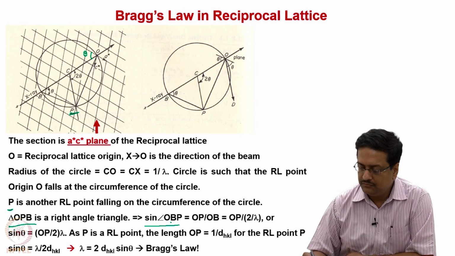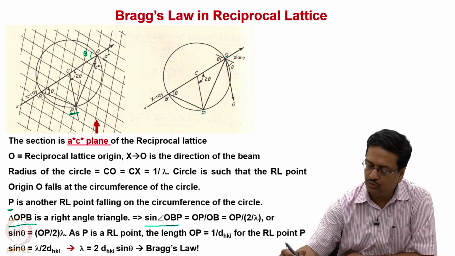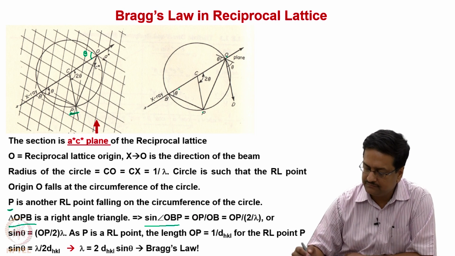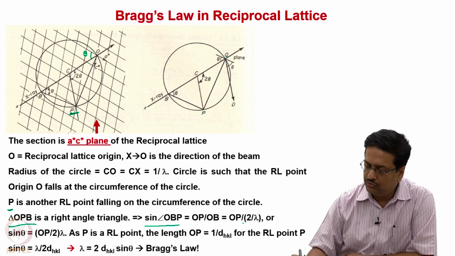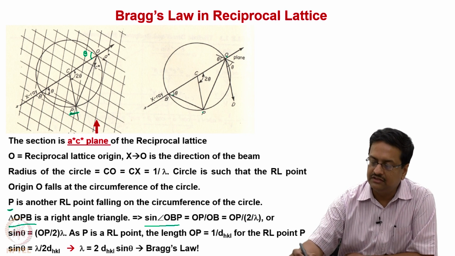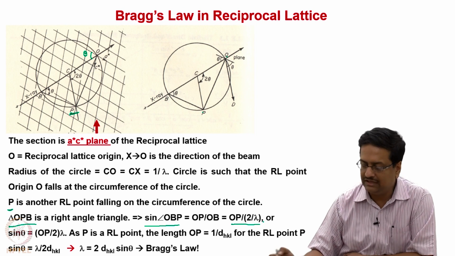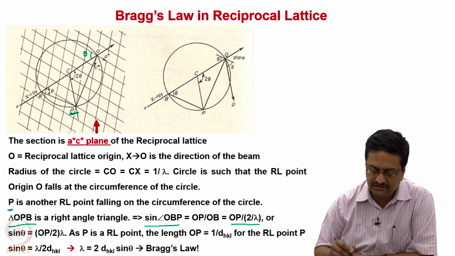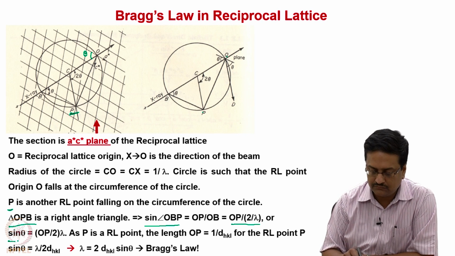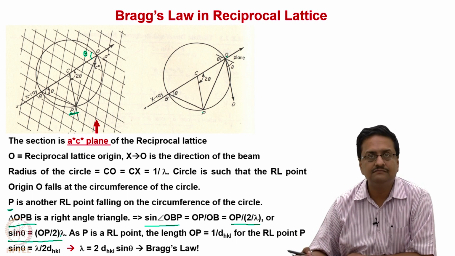So, sine OBP is equal to OP by OB, and now OB is nothing but the diameter of the circle, which is equal to 2 by lambda. So, we can rewrite as sine theta equal to OP by 2 into lambda.